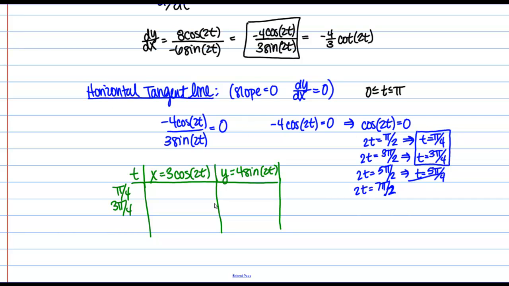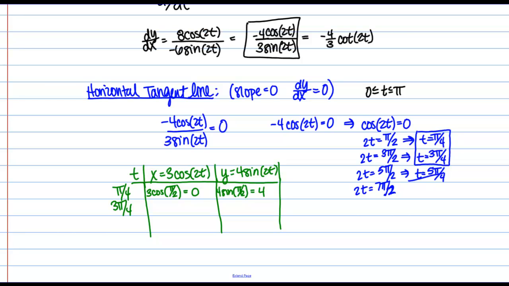Okay, but anyway, if I plug in these t values to x and y here, for pi over 4, that's going to give me 3 cosine of pi over 2. Now cosine of pi over 2 is 0, so this should just give us 0. And for my y value, I'm going to get 4 sine of pi over 2, which is 4 times 1, so 4.